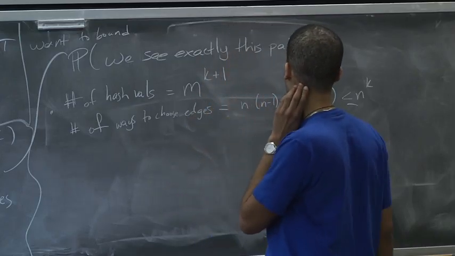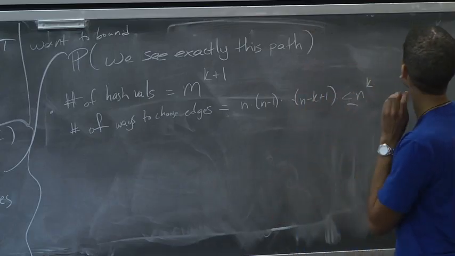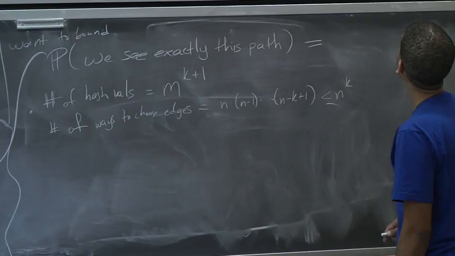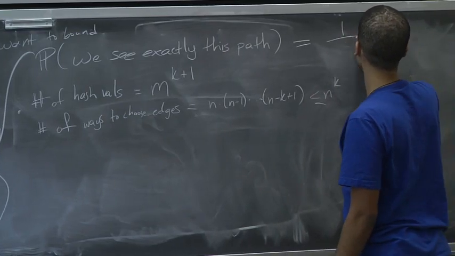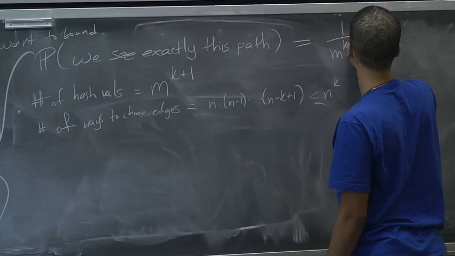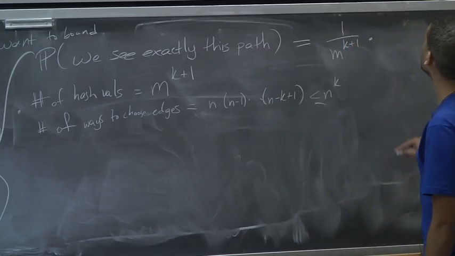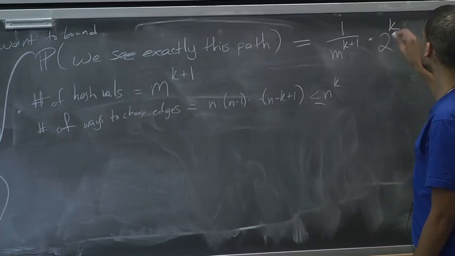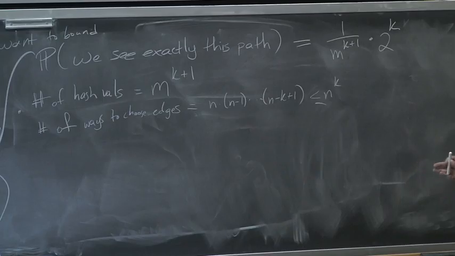Wait, before I do that, the probability that we see exactly this path, first of all, sorry, I should have said that. This is equal to 1 over m to the k plus 1 times 2 to the k. Okay. And then now I want a union bound.